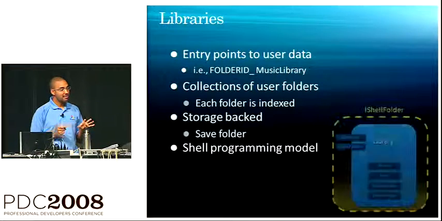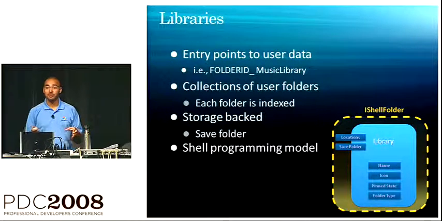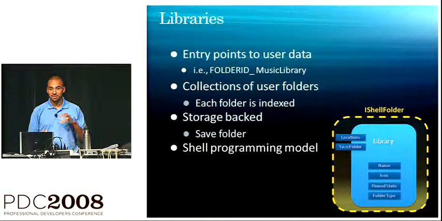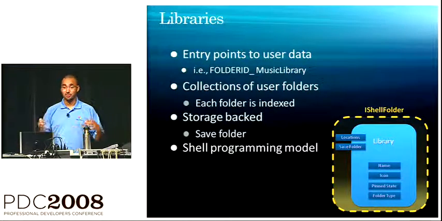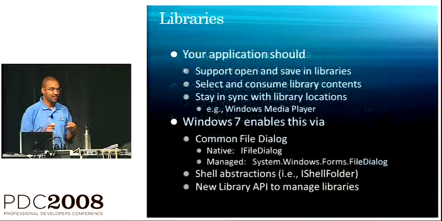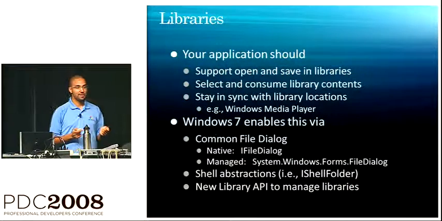And libraries fit into the existing shell programming model. So there's all this new functionality around default save location and aggregated locations and stuff. It's all wrapped up in the IShellFolder programming model. So it's abstracted away. And we'll get into that. That will probably only apply to some applications.